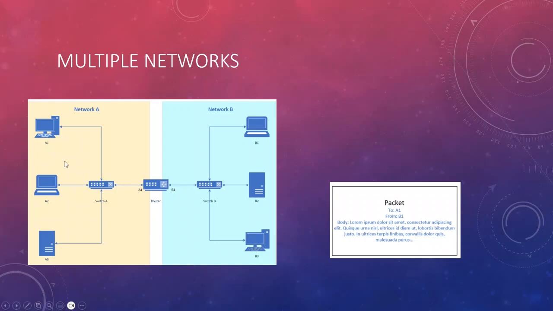There's a little bit of an assumption here that these computers on network A are going to communicate with each other more than they're going to communicate with network B. So the router is acting as kind of a traffic cop. The router is smart and only puts the things on the network B wire that need to go across.